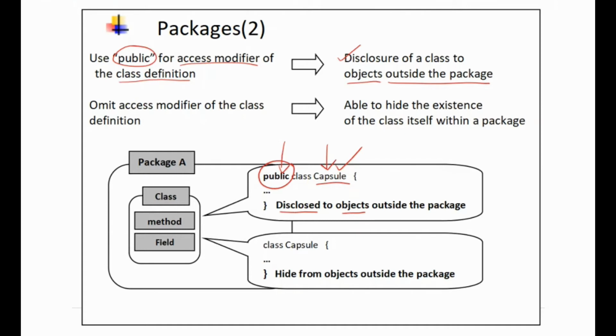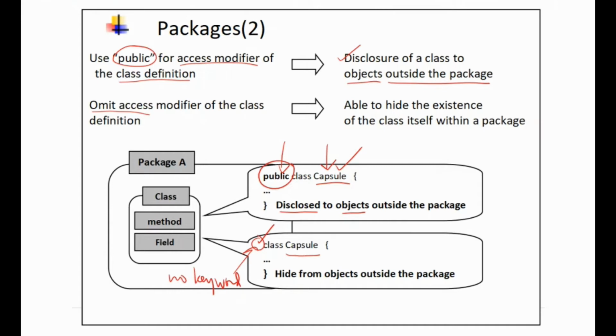But if you're going to use the no keyword by omitting the access modifier, in this example we omit the access modifier. So we simply say class and then the class name Capsule. So we are actually using the no keyword access modifier.